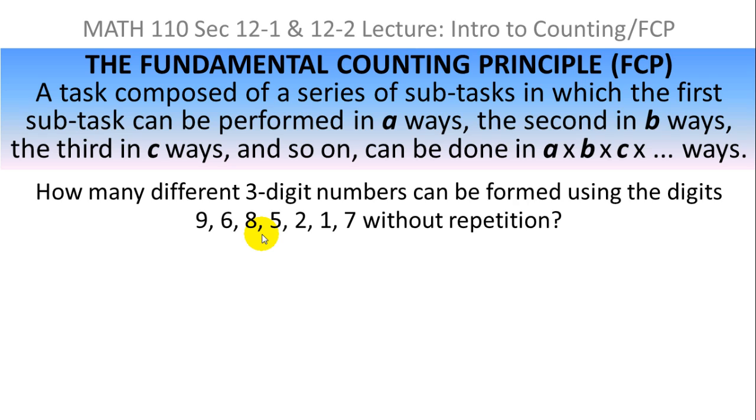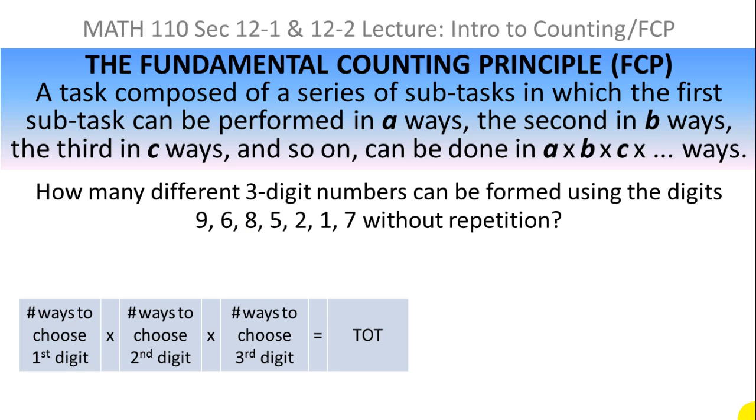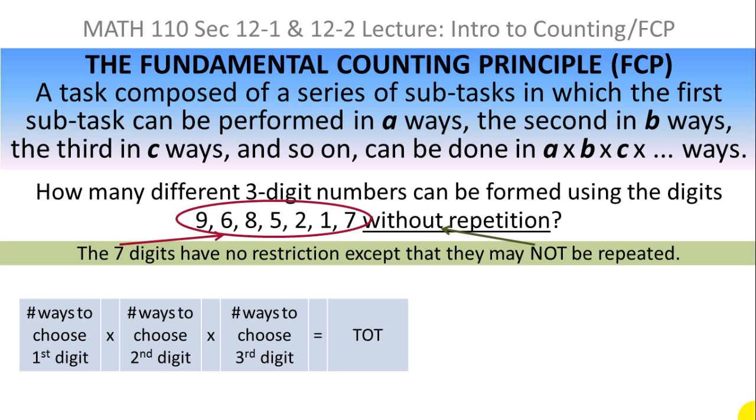What if I do the same problem but I don't allow repetition? So I've still got a 3-digit number. I'm still using 9, 6, 8, 5, 2, 1, 7, but this time I'm not allowing repetition. What happens? Well, the setup is the same, but this time I'm starting off with 7 digits, but I'm not allowing repetition. So in the beginning I can choose any of the 7, but once I choose one I can't reuse it.